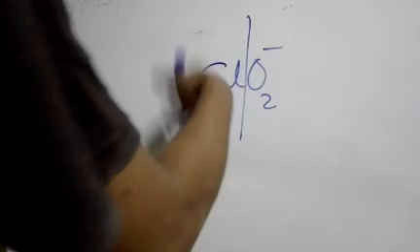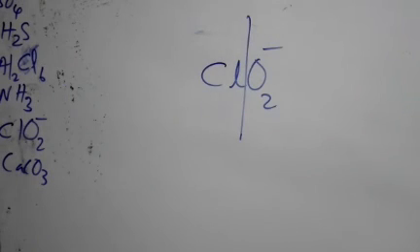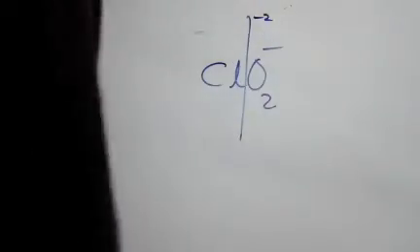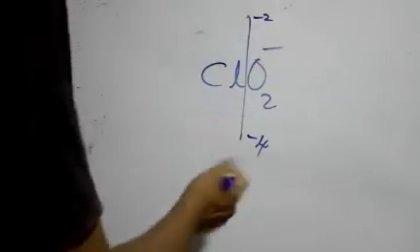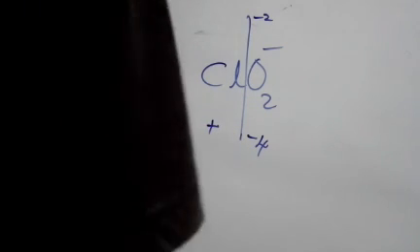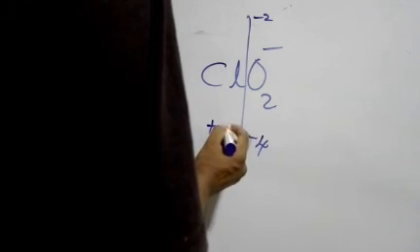Then the chlorite ion. The sum of the oxidation numbers should be minus 1. Oxygen is minus 2, 2 of them is minus 4. To be minus 1, this should then be plus 3. Right?